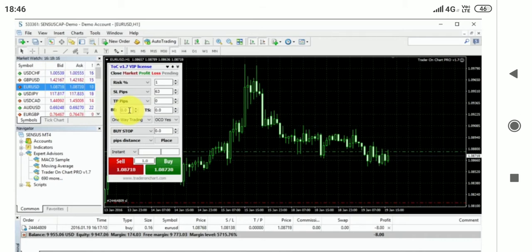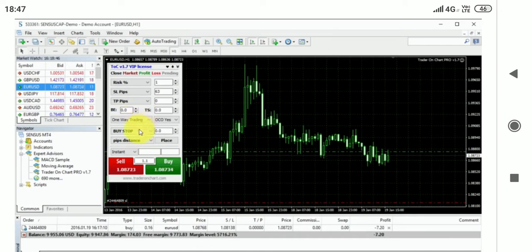So if the price reverses and gets back at you and closes your trade at break-even, you would get your order closed in a small profit just to cover the expenses of your commissions and swap. This is quite a good feature, and clients really love it. People love this because you don't need to figure out how many pips to add in profit and so on. The application does this for you.